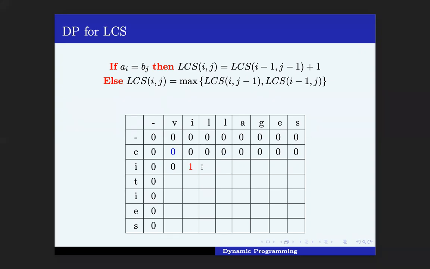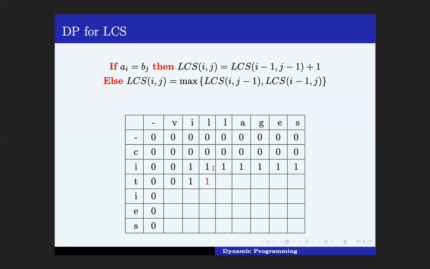And then you go to here, I and L, different. So this has to be this plus this, so it has to be 1. And similarly, you keep on doing it. Note that all I need to do is fill it up in a way that whenever I come to a particular square, the previous ones are already filled up.